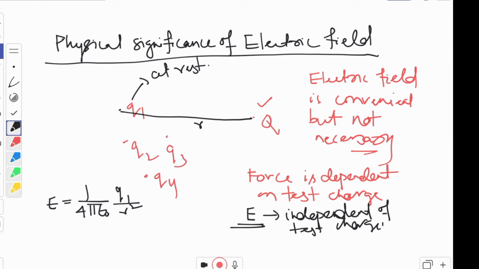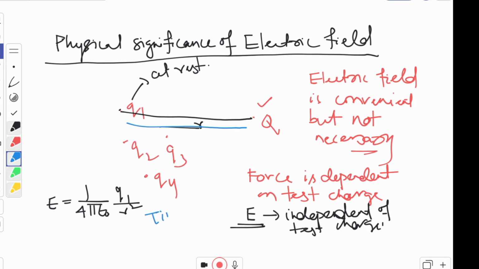If this Q1 is in motion, then what will happen? Let us see. If Q1 is in motion, that means its position will change with time. So this distance R will also change with time. That means it is now a time dependent field.